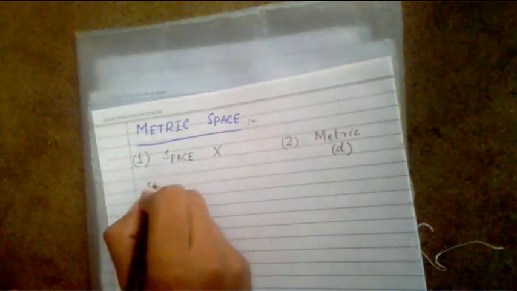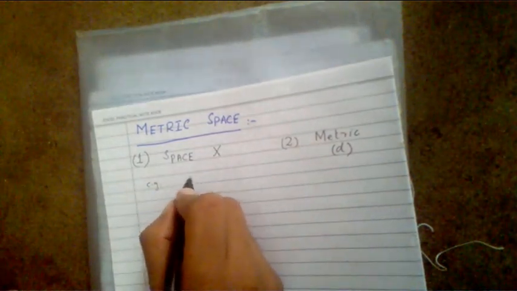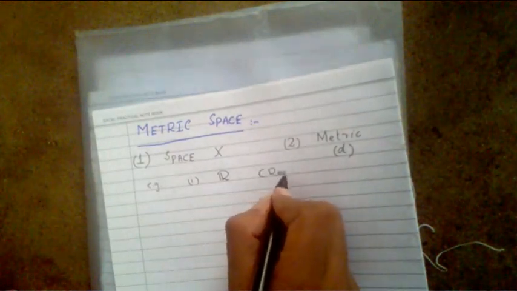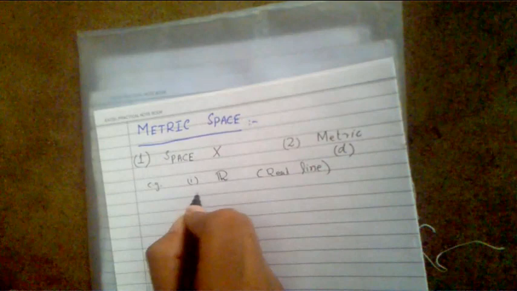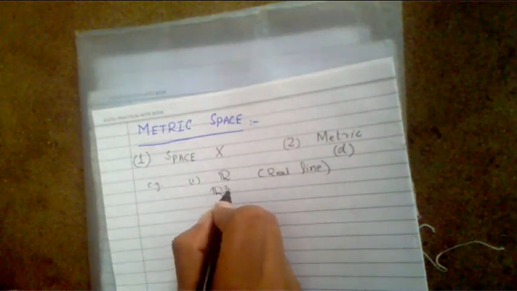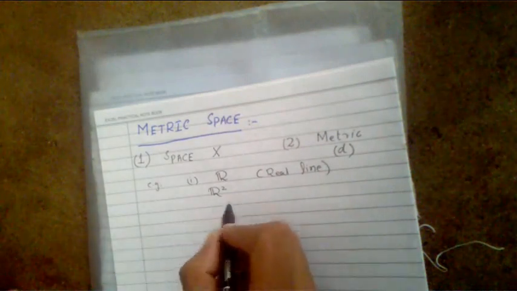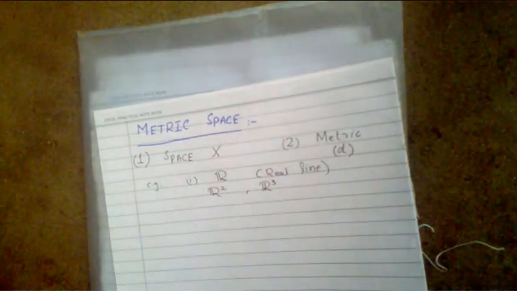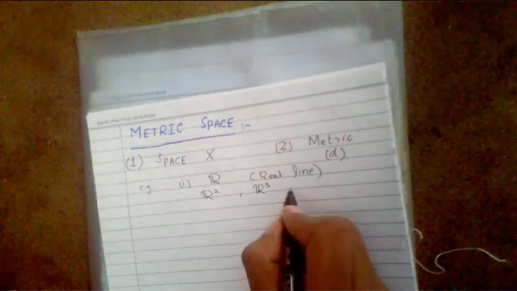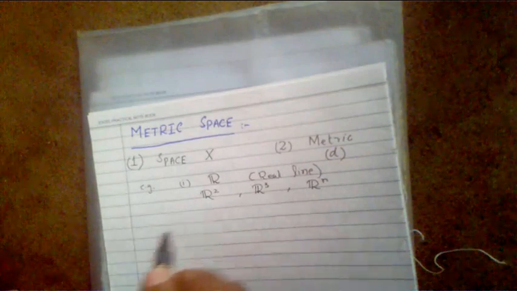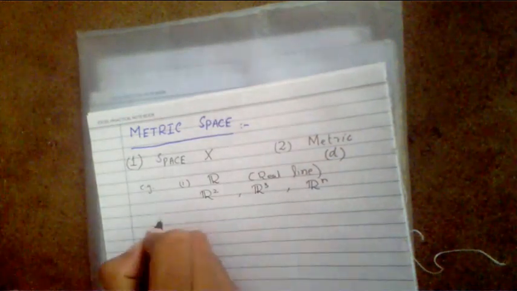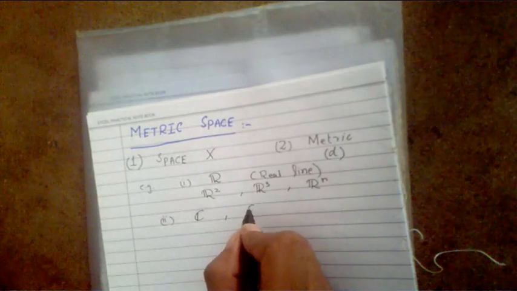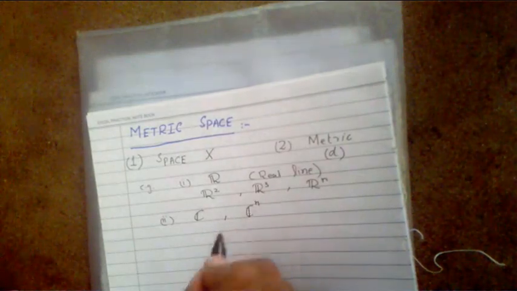For example, it could be the set of real numbers, which is called the real line, or it could be the two-dimensional plane R2, or a three-dimensional space R3, or an n-dimensional space of real numbers, or it could be a complex plane, or an n-dimensional unitary space.